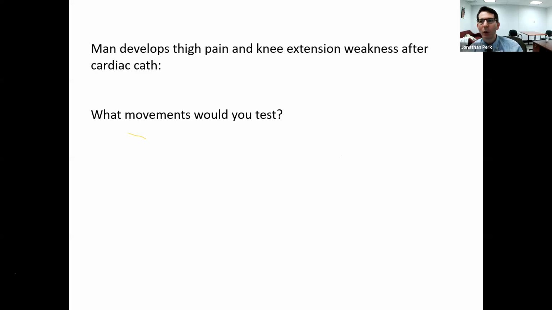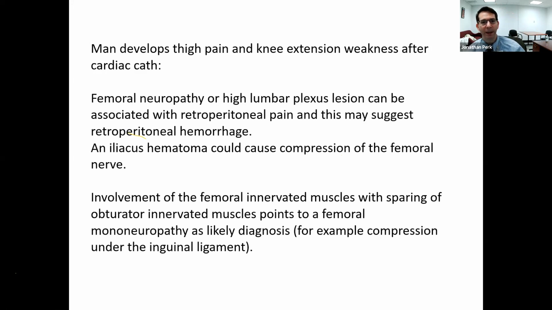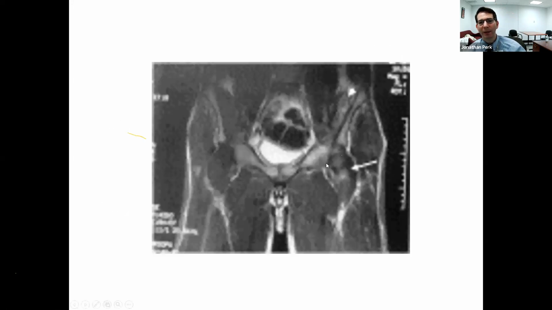Okay. So if you have weakness of the knee extension, that's expected. If you have a reduced reflex, that's expected. But that's the only thing that you'd expect from a femoral neuropathy. And in this case, you can do an MRI or ultrasound, and you see a pseudoaneurysm or a hematoma.